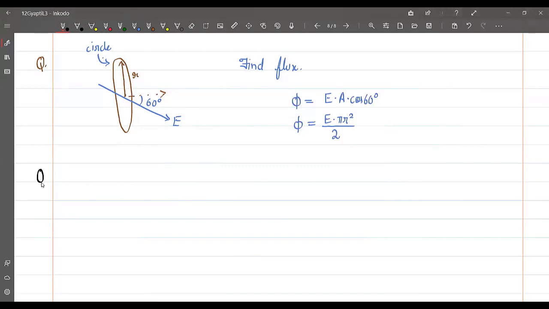Suppose, just one more problem. This is a rectangle. The side is 10 centimeter. This side is 50 centimeter. And the electric field lines are horizontal.